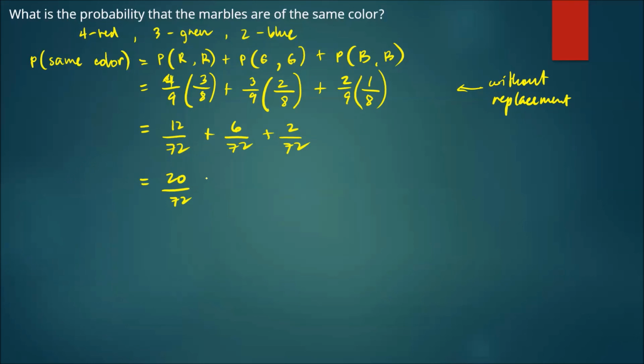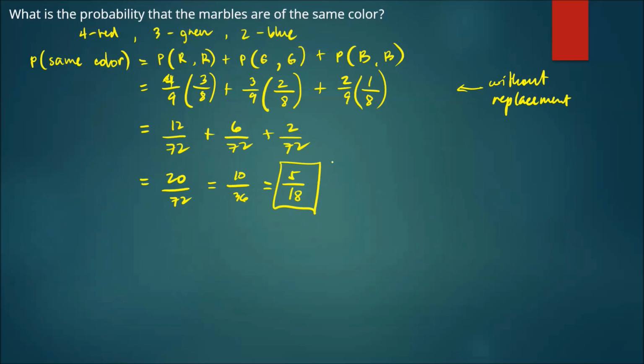Okay, and reduce that. We divide this by, let's try 2. So that would be 10 over 36, which is still divisible by 2. So that would be 5 over 18. So that is our answer.